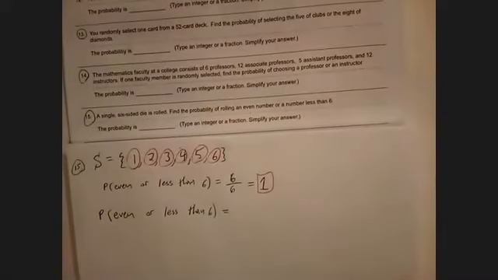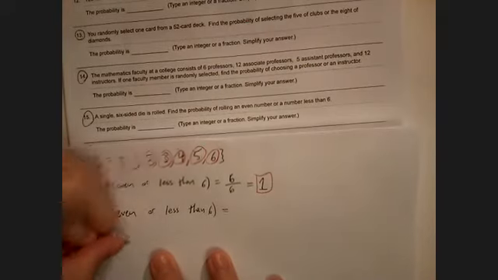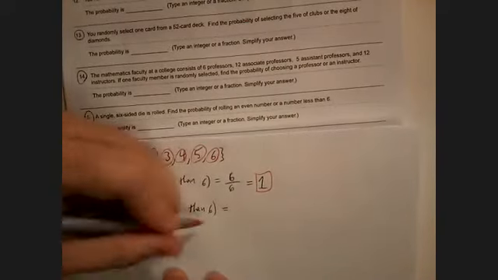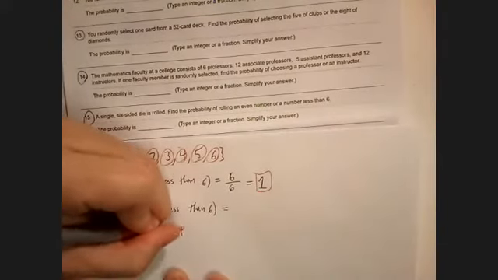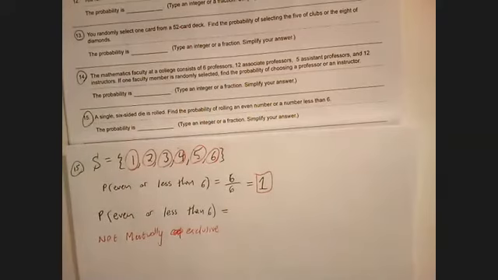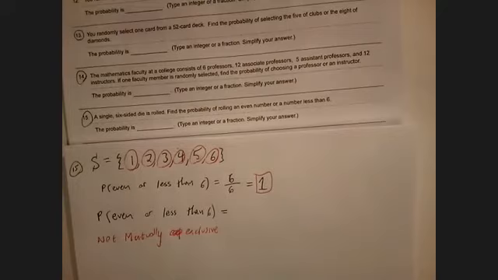This is not mutually exclusive, because there's some overlap. I'll show you with the formula, but I don't think you're really going to want to do it. This is the easiest way. But let's say you wanted to do it with the formula.